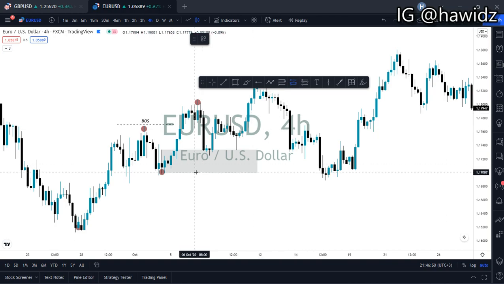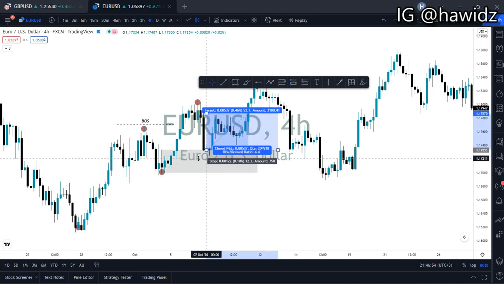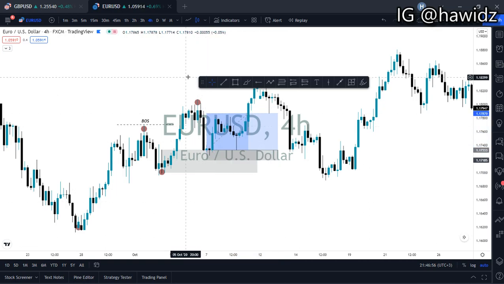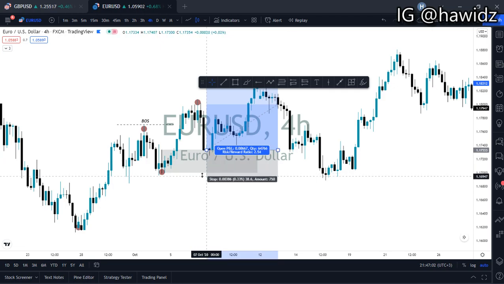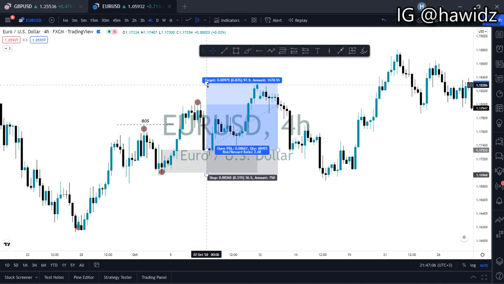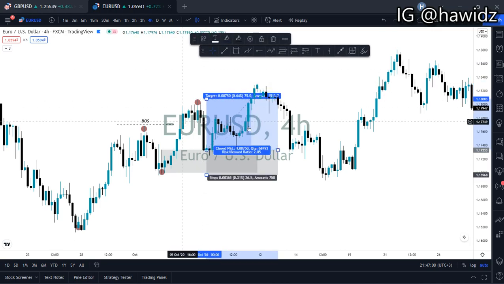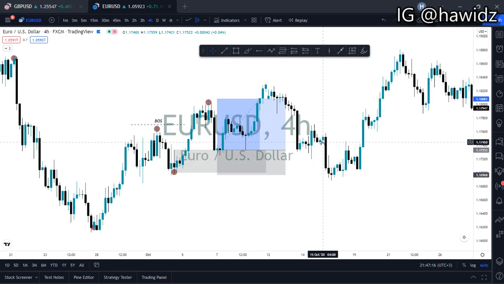You just have to go to the lower time frames for confirmation, for those who use confirmation, but there's your trade. Let's say you had your stop loss below this low here, and your target was right about there. So this is a 1 to 2 RR. That's your trade, and it beautifully hits your take profit.